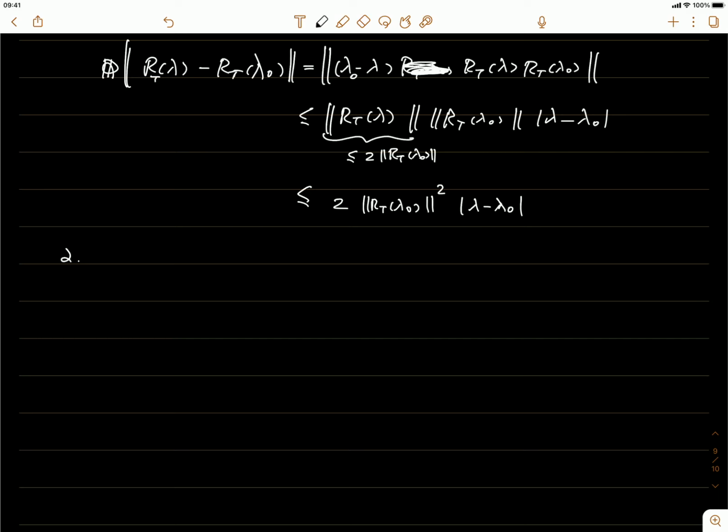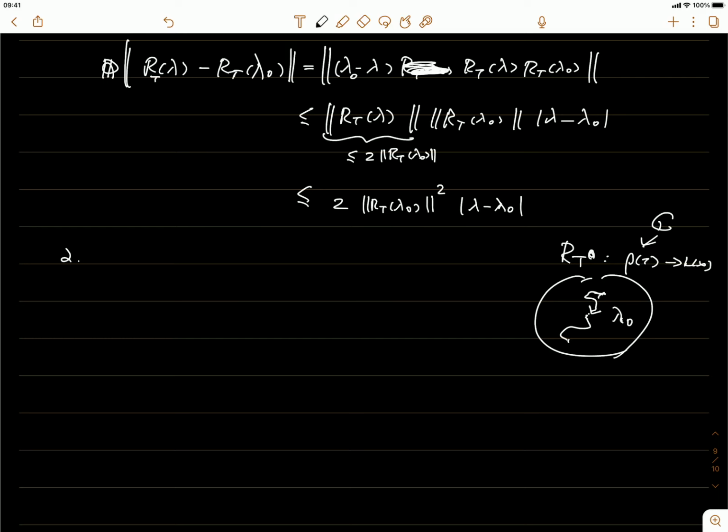Remember that right now we have the resolvent as a mapping from rho of T to L(X), with lambda in C. For differentiability, if you have a lambda naught here, it doesn't matter how lambda gets to lambda naught.